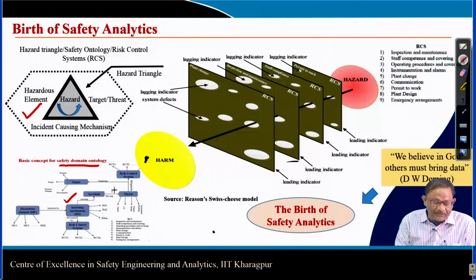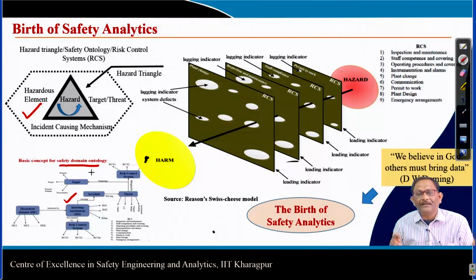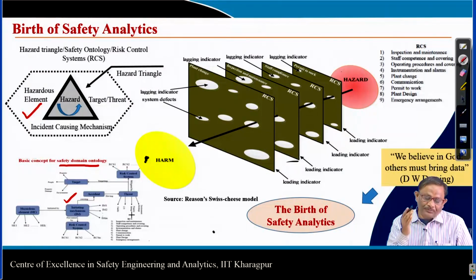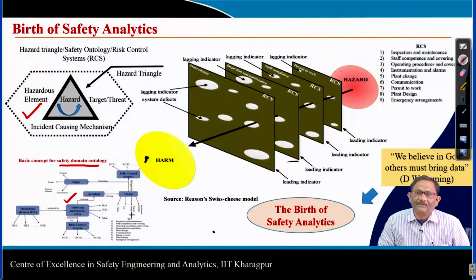From the safety domain ontology, you will get the incident paths. For a particular hazardous element, there could be more than one incident path. So you have to understand the incident paths, and how to tackle them, in the sense that you don't want incidents to occur.